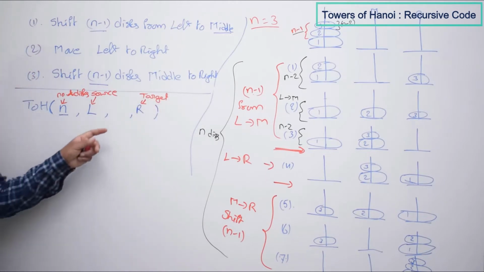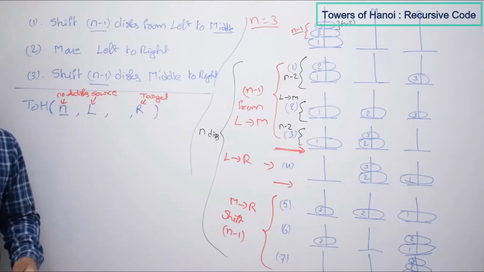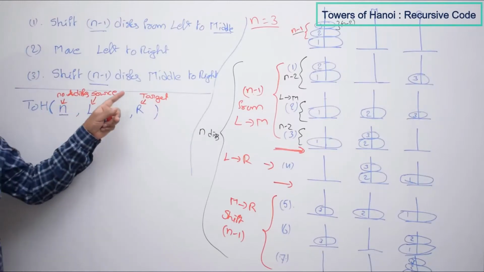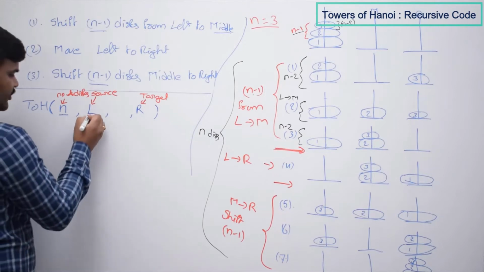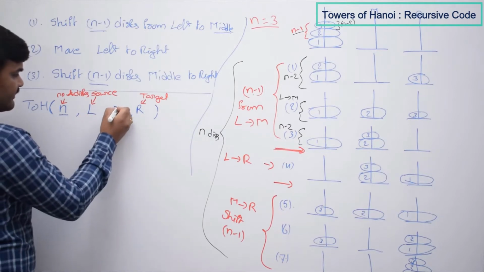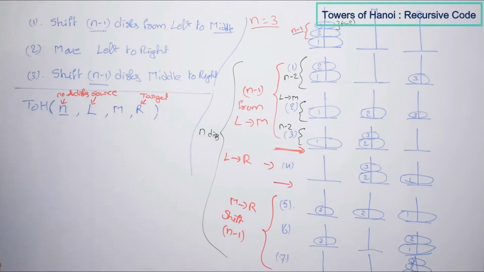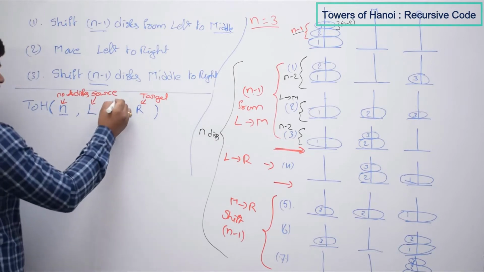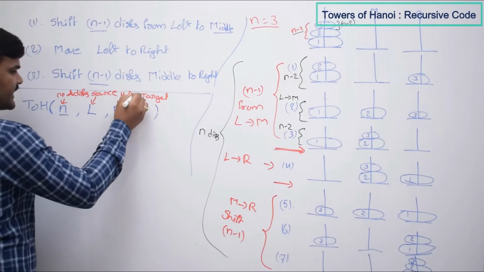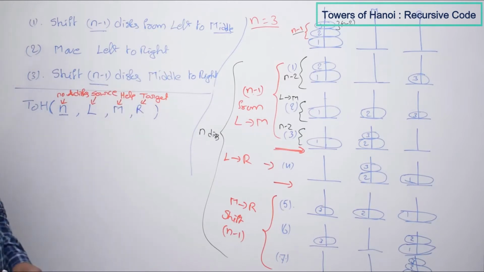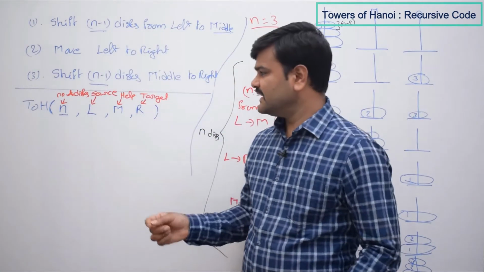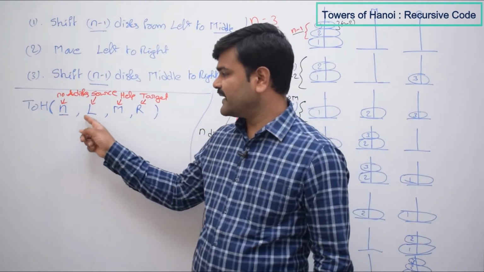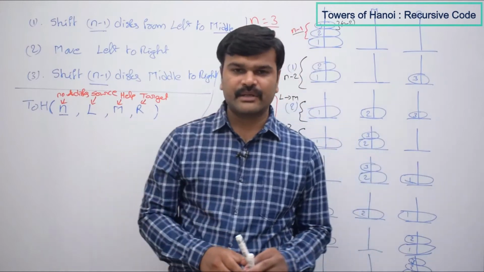When you are doing a recursive call, these meanings will help you. And then what about this? Left tower, right tower, the remaining one will always become the helping tower. So these are the four parameters we are passing, and especially the position of the parameter, its meaning, is very important here.